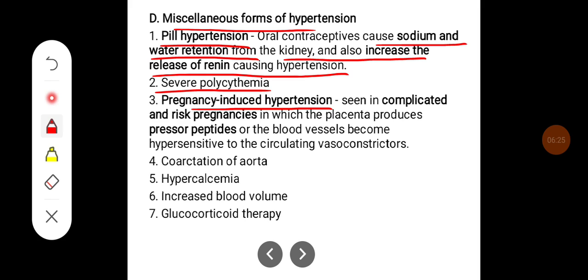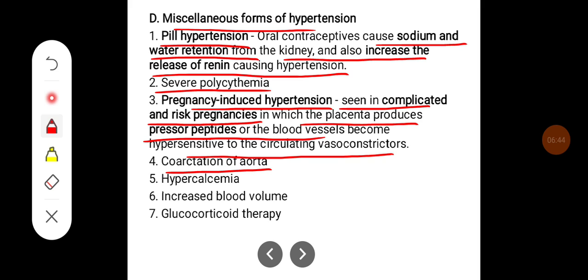Pregnancy induced hypertension is seen in complicated and risk pregnancies in which placenta produces pressure peptides or blood vessels become hypersensitive to the circulating vasoconstrictors. Then miscellaneous causes can be coarctation of aorta, hypercalcemia, increased blood volume, or glucocorticoid therapy.